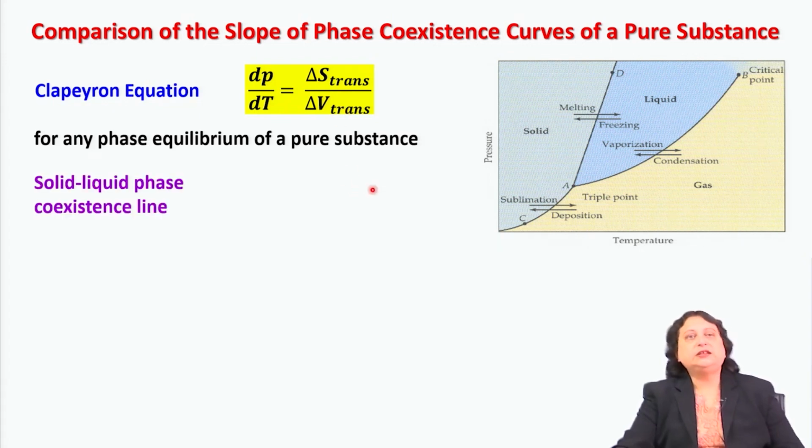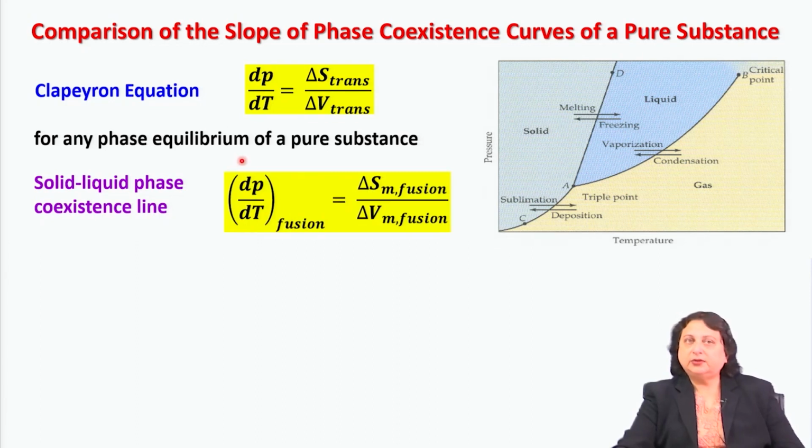Now, if I focus on the liquid-solid phase coexistence line, then I am talking about this line A D. And then I can write down the Clapeyron equation that along this solid-liquid coexistence line, the dP dT of fusion is decided by the change in entropy of fusion and the change in volume on fusion, and the subscripts m mean that I am looking at molar values of these two thermodynamic quantities.